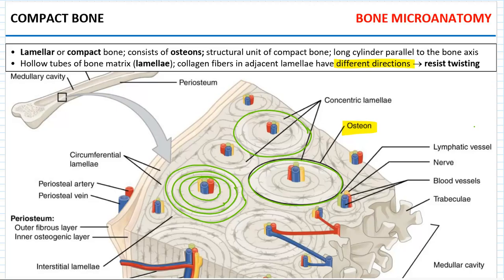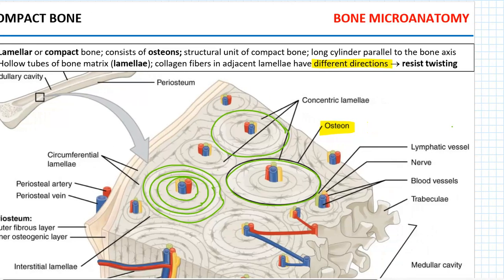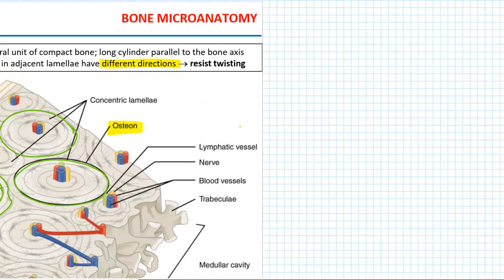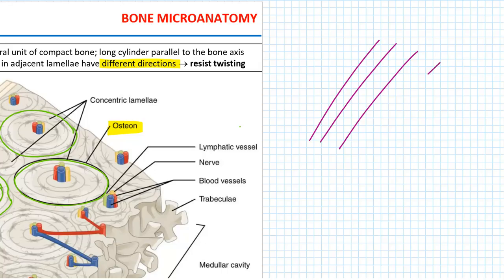Why is this important? Imagine that you have one lamella and the collagen fibers in it are directed that way, and then an adjacent lamella with collagen fibers directed that way.